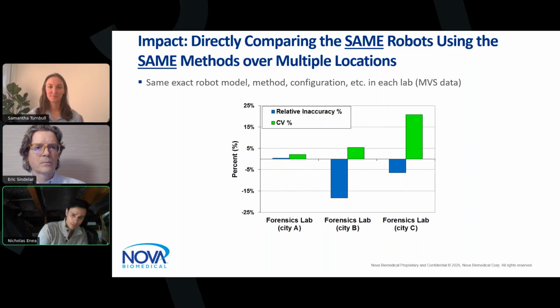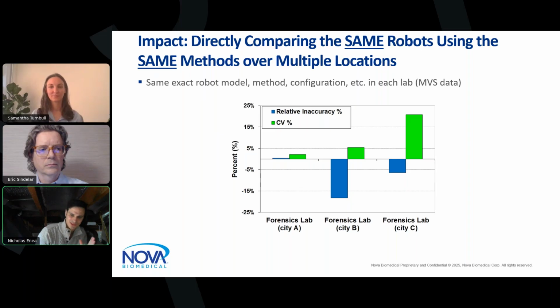Now, even thinking about robots, Eric said earlier that most Hamilton products, and honestly most liquid handling products on the market in general, are air displacement. Air displacement is coupled to environmental factors. Positive displacement is a little bit different. There are other modes, but most of the main commercial liquid handlers on the market are air displacement. So if you take a liquid handler from site to site and try to apply the same optimization settings you had for one site, it might not be the same for site B or site C. We took that example with one of our forensics labs, once again all across the US.